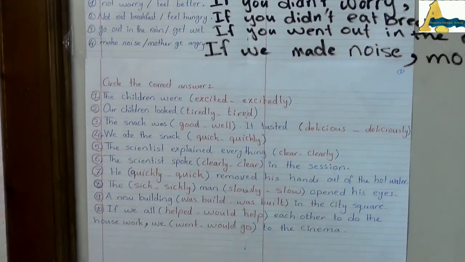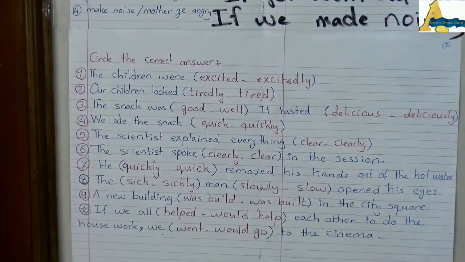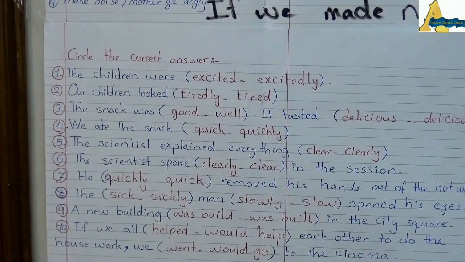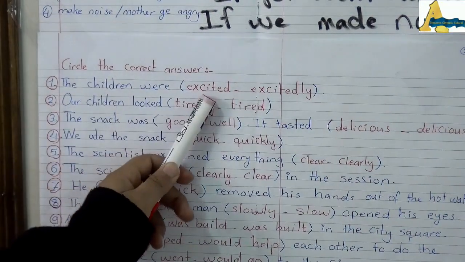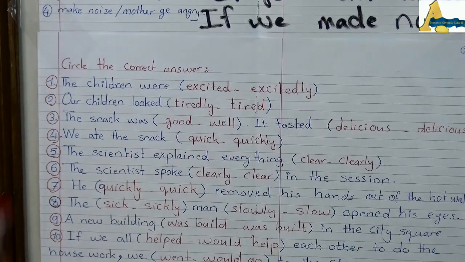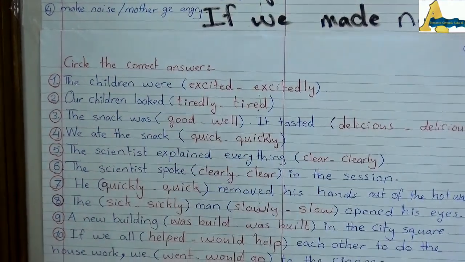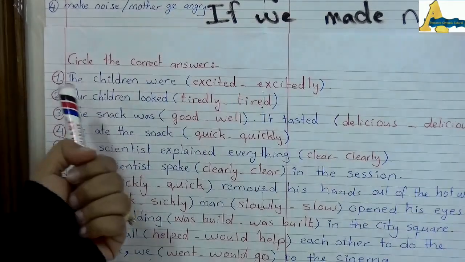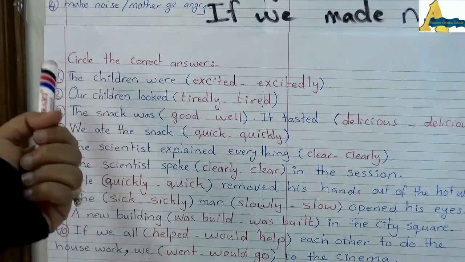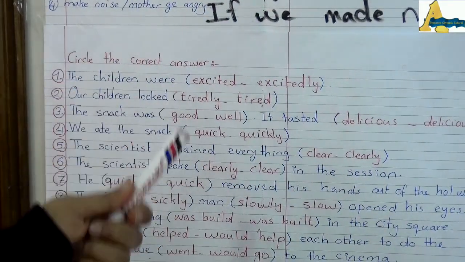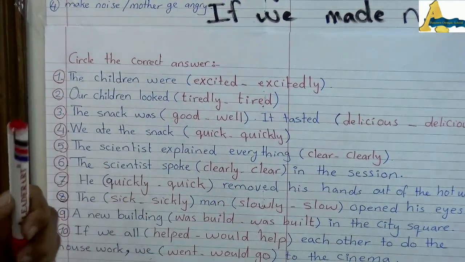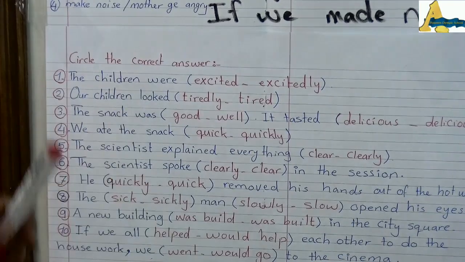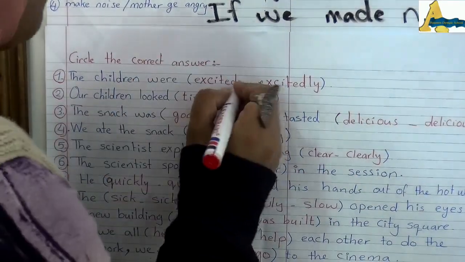Next question, circle the correct answer. Number 1, the children were excited or excitably. Of course, you know that if we are describing nouns or pronouns, we will follow them with adjectives. So here the children were excited.